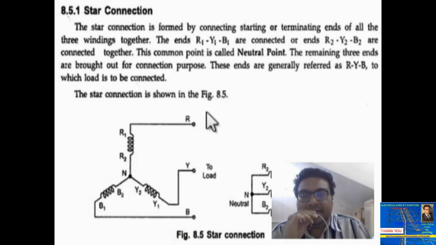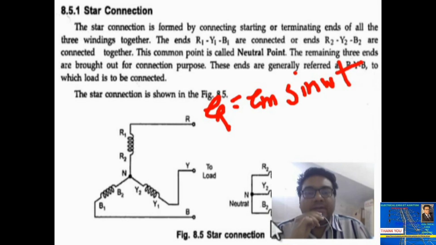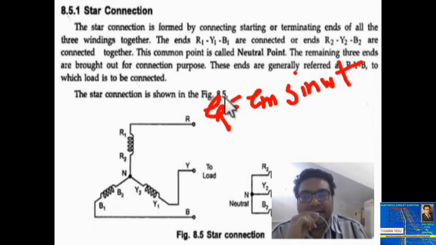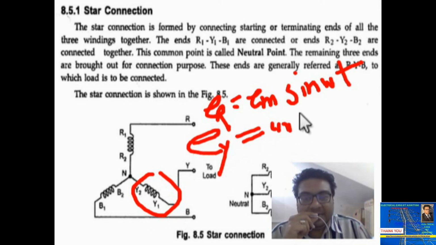The equation ER is equal to EM sine omega t in the first coil, so there will be no phase difference. And then after 120 degrees phase displacement, for the induced EMF in the second coil, EY, you can write the equation EY is equal to EM sine omega t minus 120 degrees.